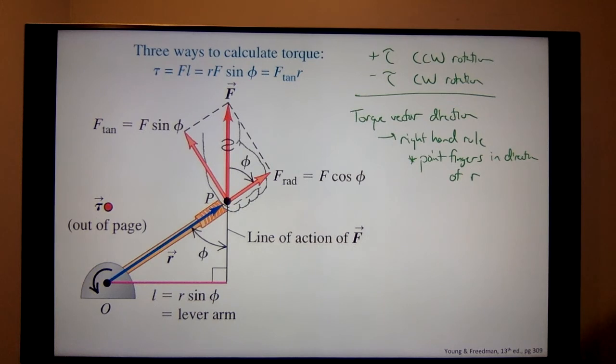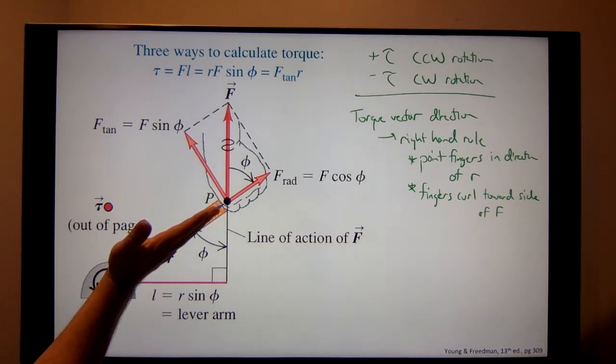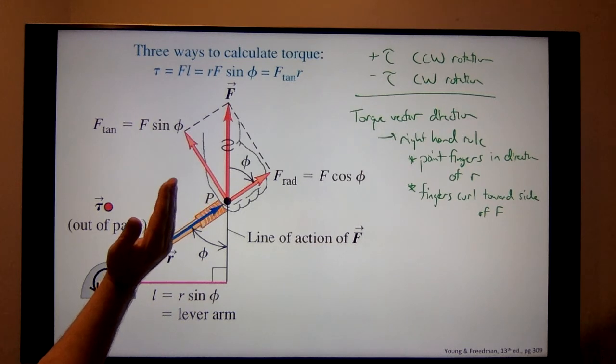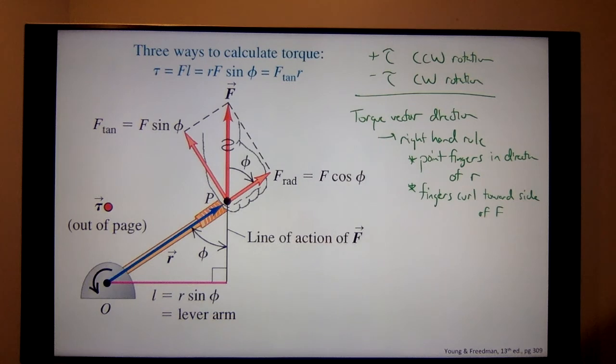But I want to flip my hand in such a direction that the fingers curl toward the side of the force. So I want to orient my hand this way because since I know the force is over to the left, I want my fingers to be able to naturally turn that way. Okay? When I do that, you can see my thumb naturally points a certain direction. It's pointing out of the screen.